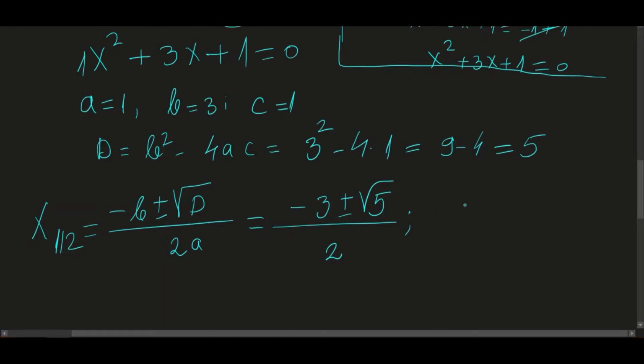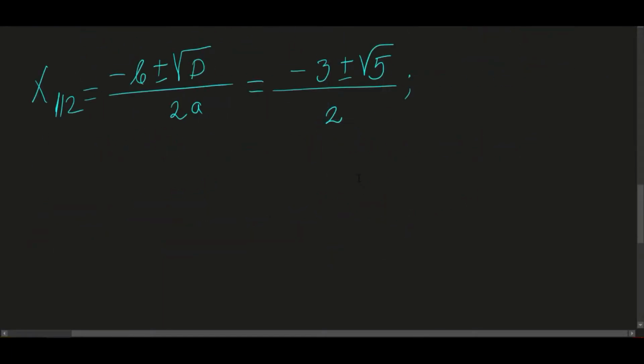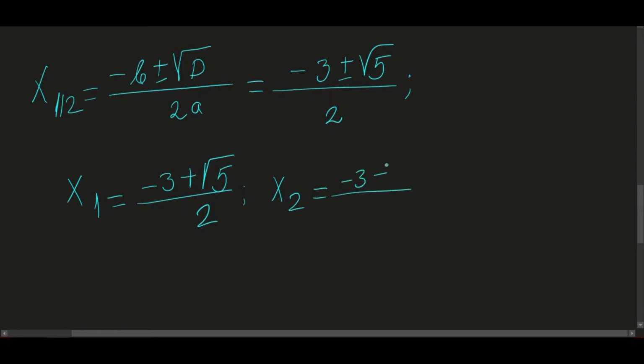Now we will have x1 root is (−3 + √5)/2, where plus minus means the first will be positive and the second will be negative, and x2 is (−3 − √5)/2.